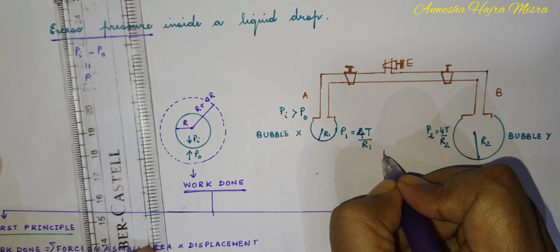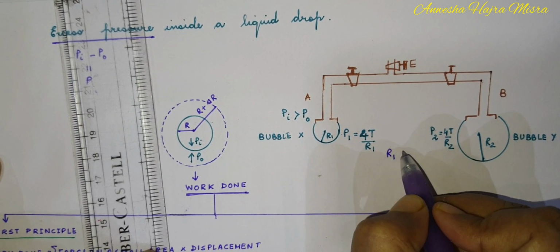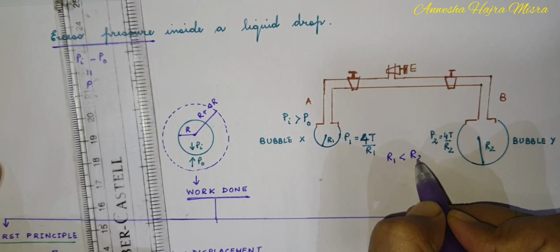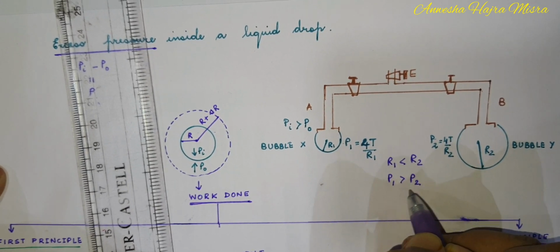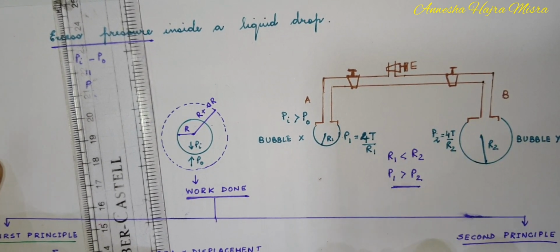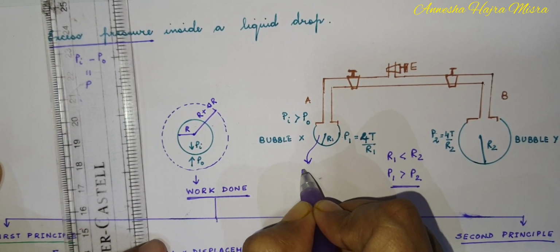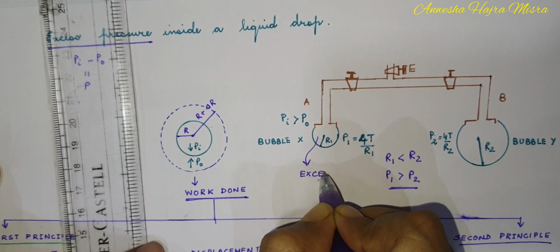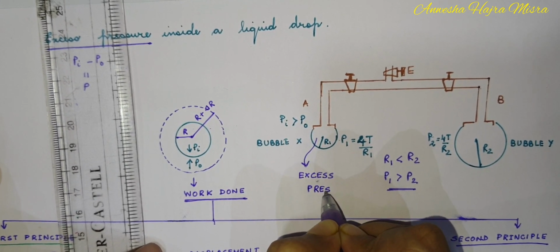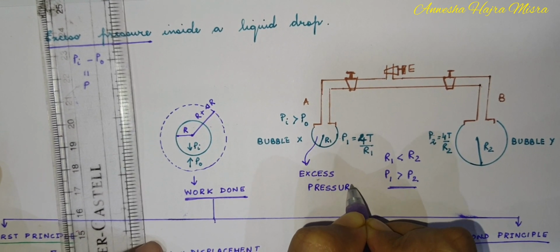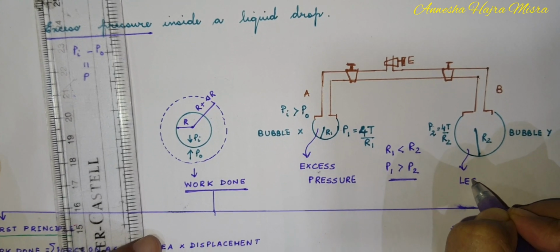Now R1 is less than R2, therefore P1 is greater than P2. So as soon as this tube is opened, here there is excess pressure, and here there is less pressure.